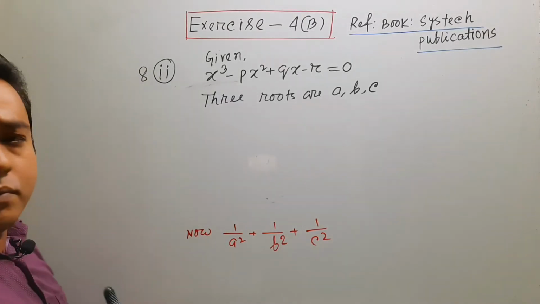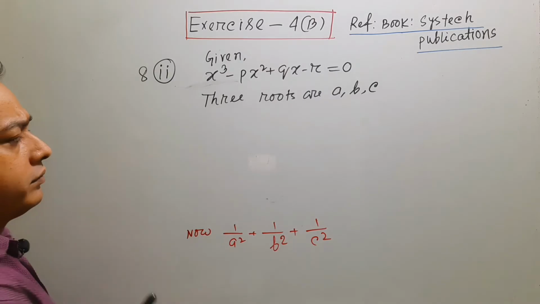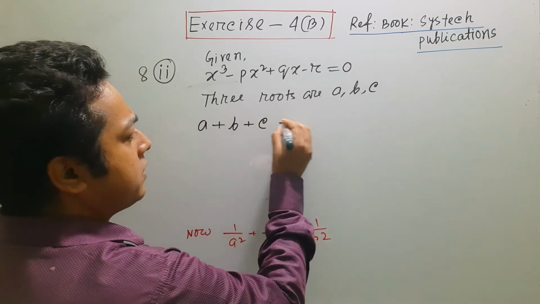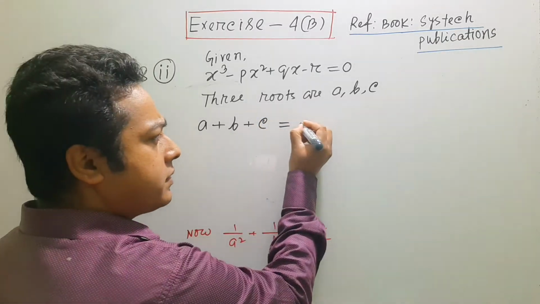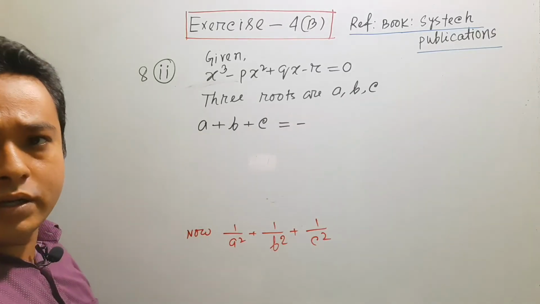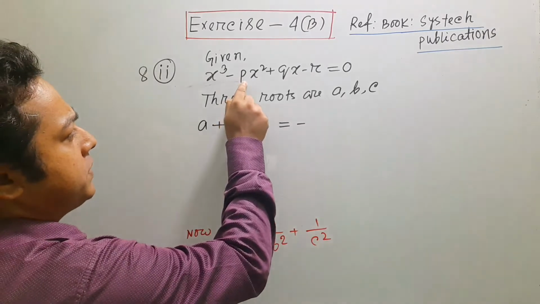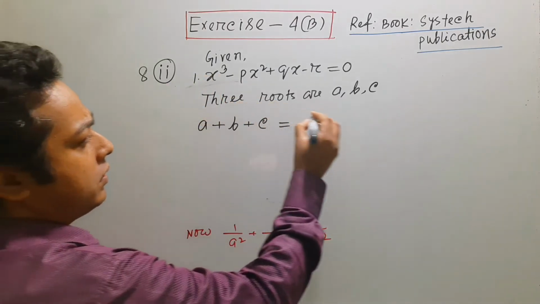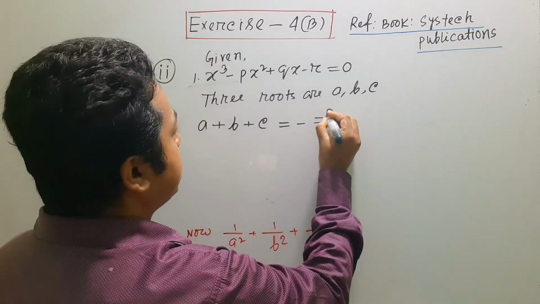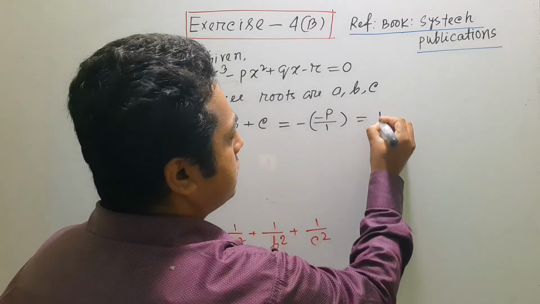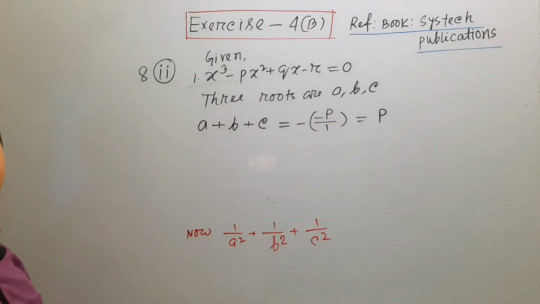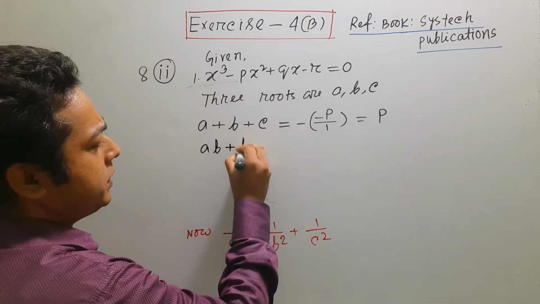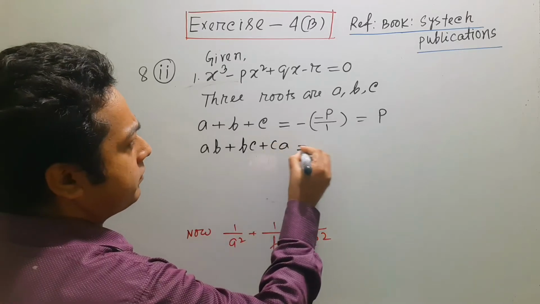Now sum of roots taking 1, which is a plus b plus c. The sign is minus because the number of roots taken is odd. And then this coefficient divided by the first term coefficient, which is 1. Minus p divided by 1, so it is equal to p. Now sum of roots taking 2: ab, bc and ca.